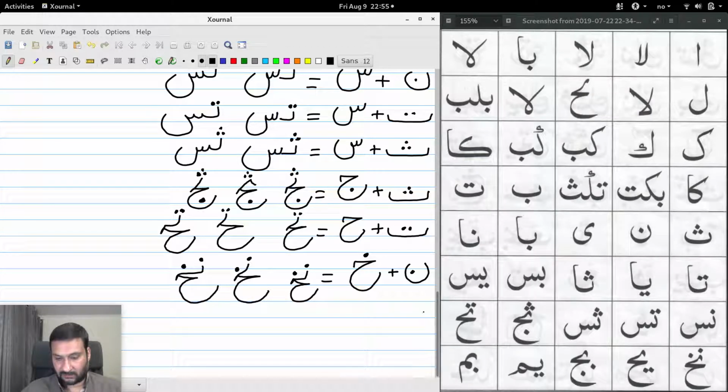Let me write that here first, ya and ha, because I know it's ha because these two dots belong to this ya, and then there is nothing else left, so this is empty, which makes it ha.